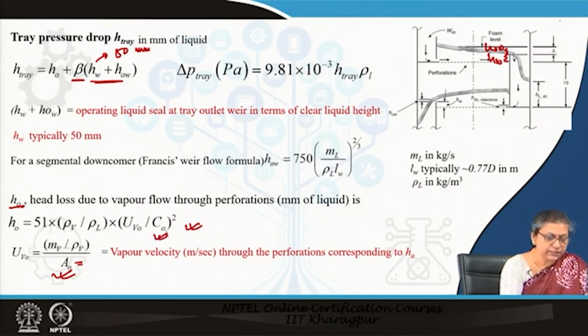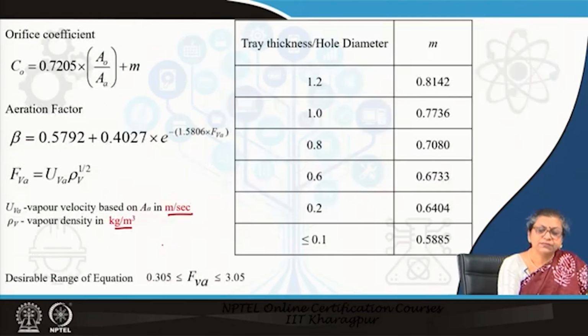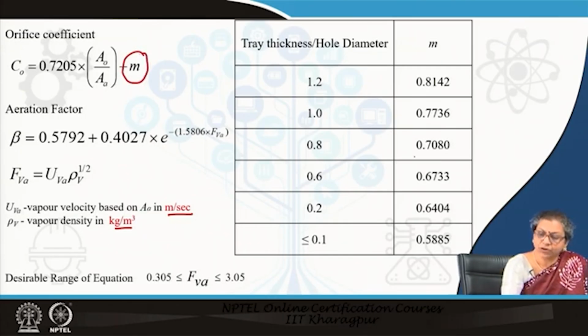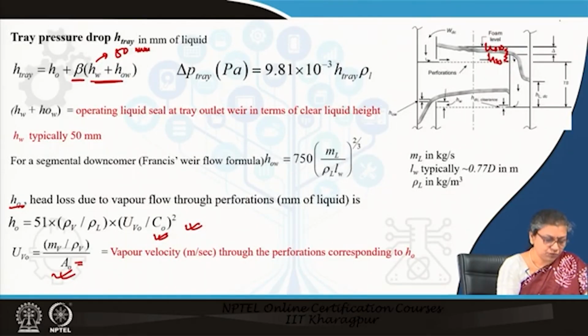You also need CO, which is equivalent to an orifice coefficient. CO is again given by an empirical correlation, where the factor M can be obtained if you know the tray thickness to hole diameter ratio.